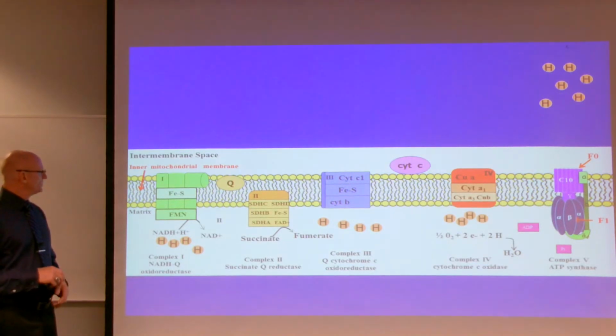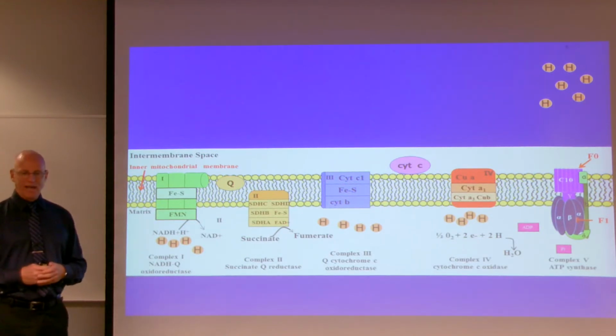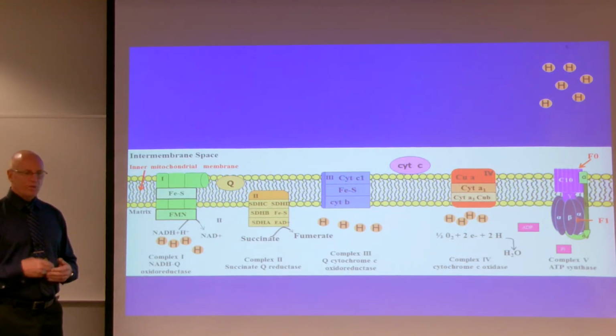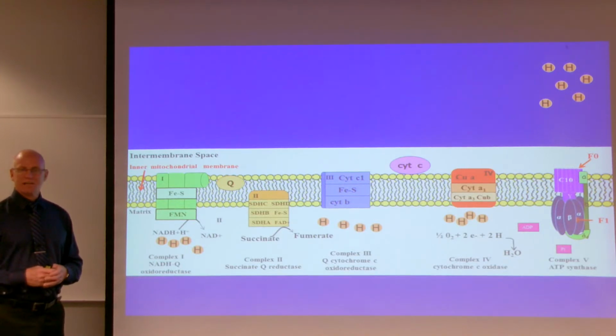The reduced FMNH2 will then pass those electrons to the iron-sulfur center. In the iron-sulfur center, iron in its oxidized state is Fe3+, and it can become reduced as the oxidized form goes to Fe2+.